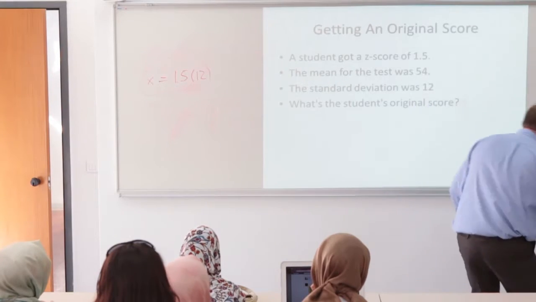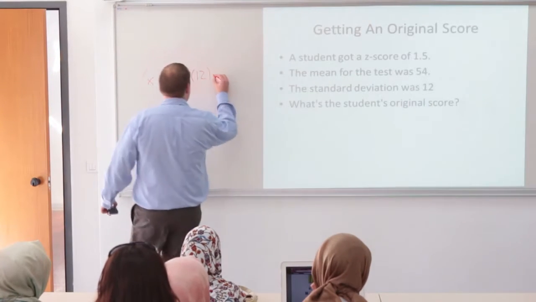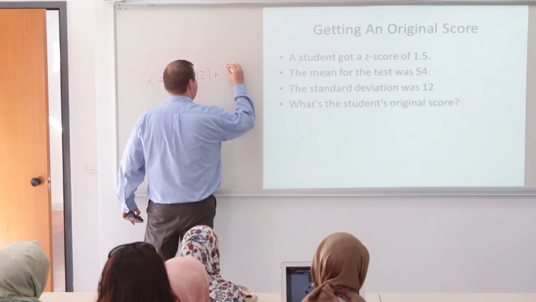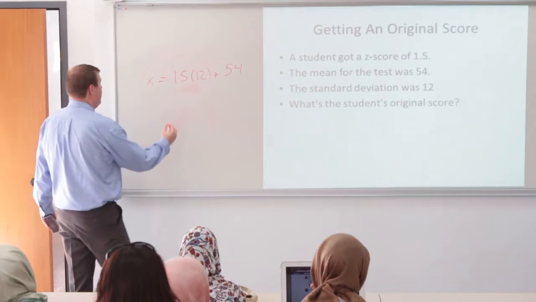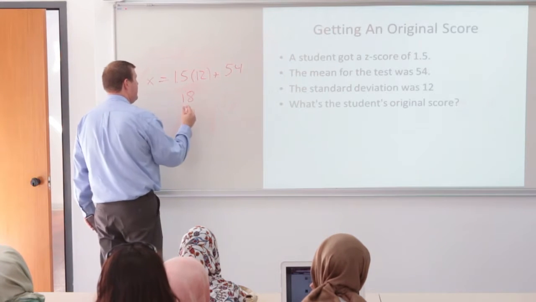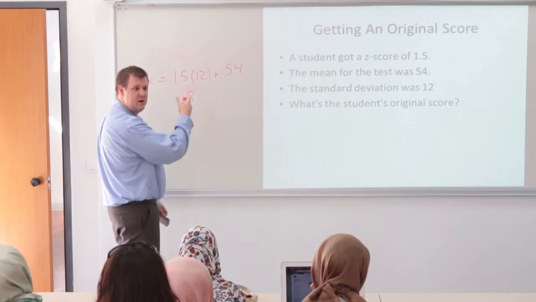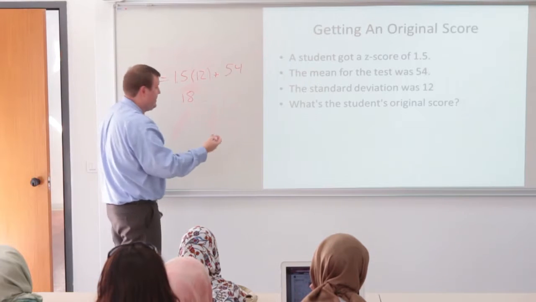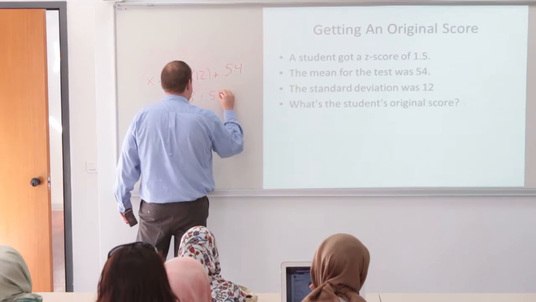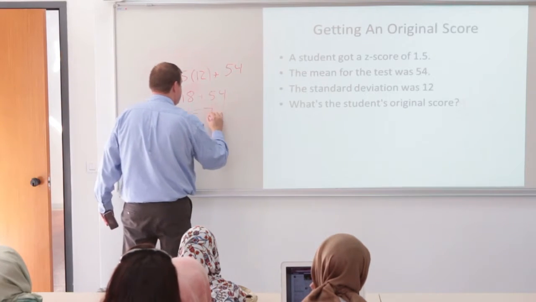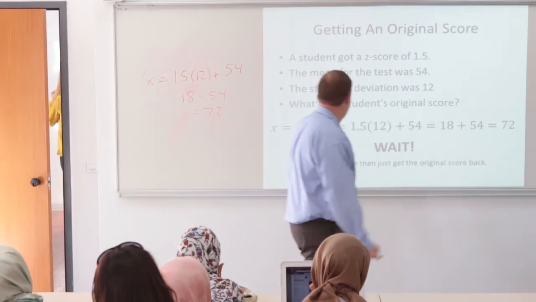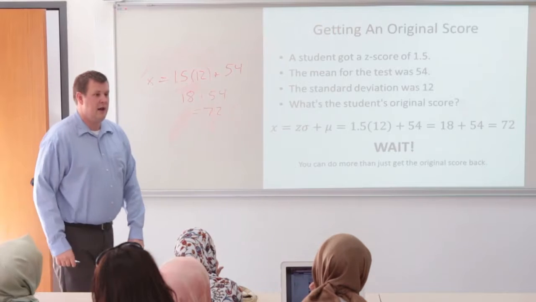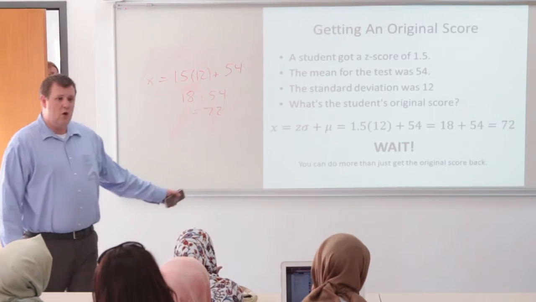That's 12, plus the mean, 54. So what is 1.5 times 12? 18. Half of 12 is 6, so 12 plus half of 12 is 18. Plus 54 equals 72. There we go.